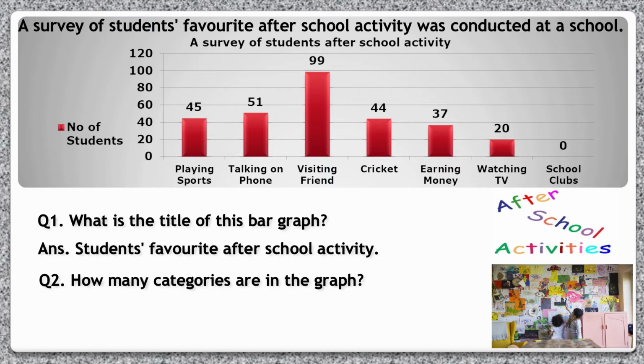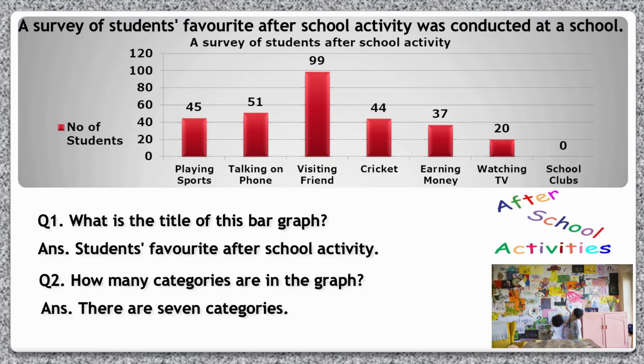How many categories are in the graph? Dear children, now let's count all the activities present on horizontal line. Yes, the right answer is there are 7 categories.